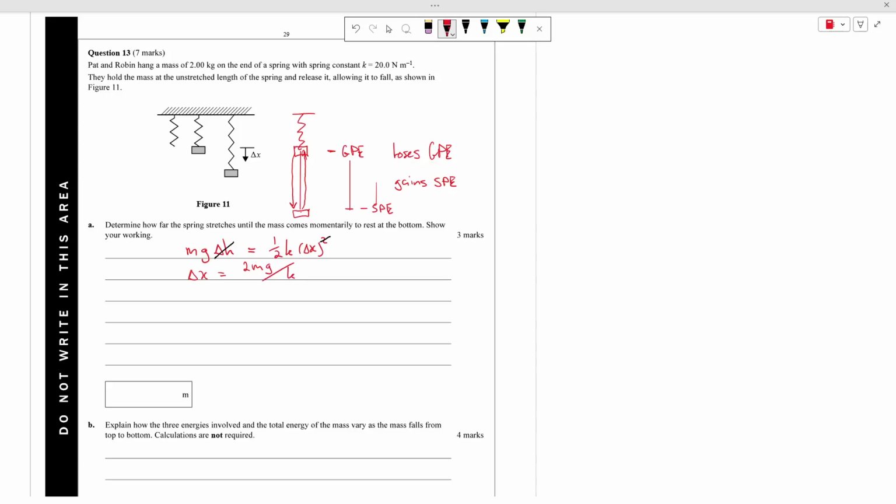And this delta x will tell me how far the spring stretches. And that is equal to 2 times the mass, which was up here, 2 kilograms, times g, which is 9.8, over the spring constant, which is 20. All right, so what's that going to be?